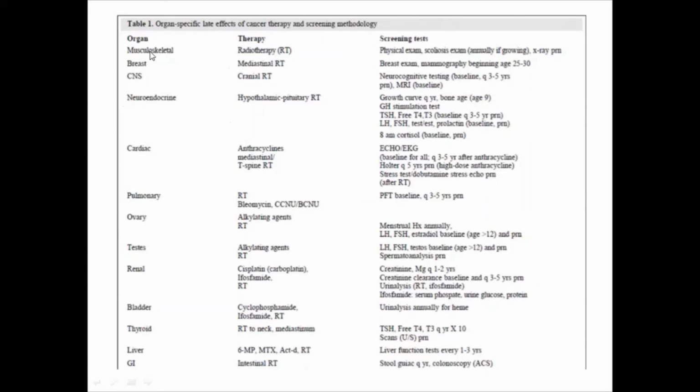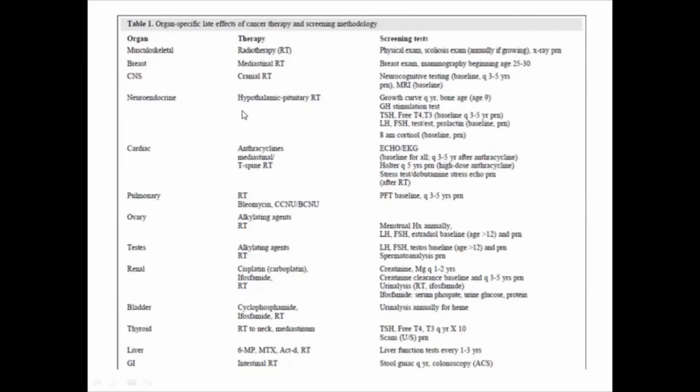Like we see in musculoskeletal cancers, if the therapy given is radiotherapy, the screening test that we should do is a physical examination and a scoliosis examination. Same in a breast cancer patient: if the patient has received mediastinal RT, the screening tests such as breast examination and mammography should start by 25 to 30 years of age.